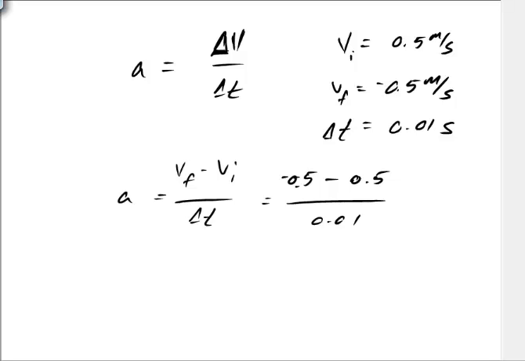Depending on what I call positive and negative, this case it's going to be negative 1 over 0.01, so the acceleration is negative 100 meters per second squared. That's a big acceleration.